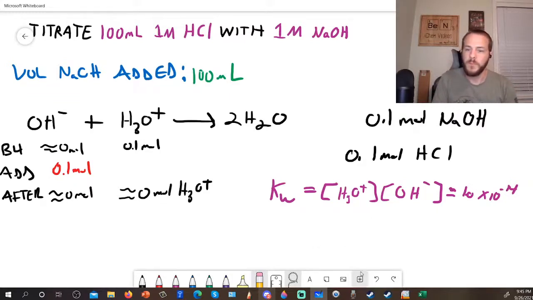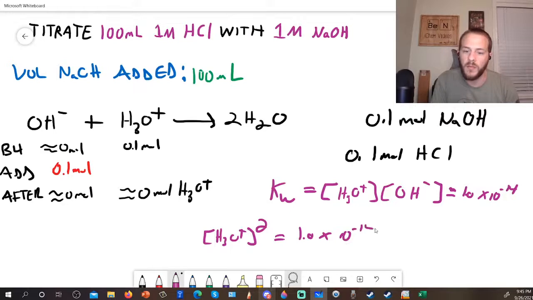So if the hydroxide ion concentration is equal to the hydronium ion concentration, then we can rewrite this as the concentration of hydronium ion squared is equal to 1.0 times 10 to the minus 14.